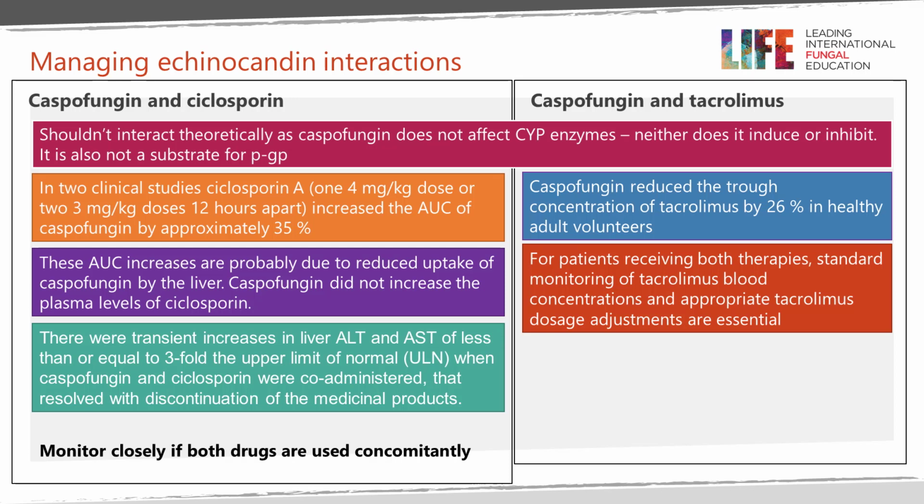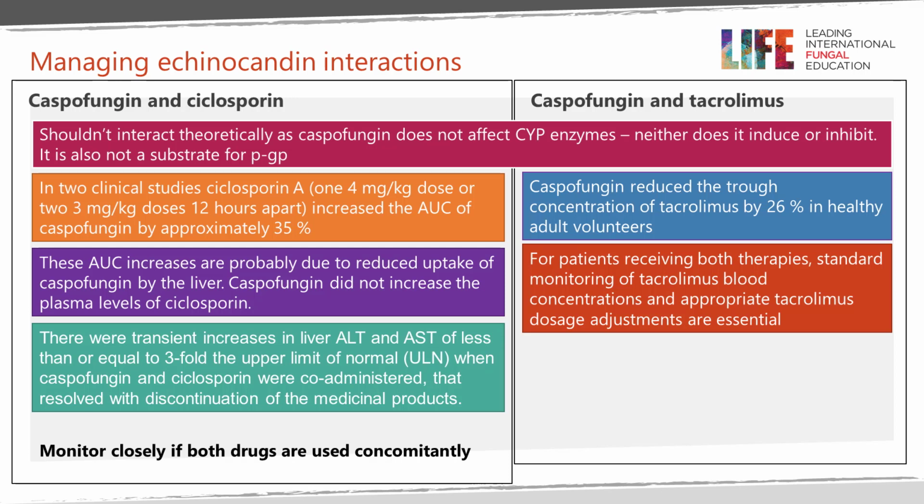And again, it isn't a substrate for P glycoprotein either. But what we've seen in clinical studies is cyclosporine increased the area under the curve of caspofungin by around 35%. Now, these increases are probably due to the reduced uptake of caspofungin by the liver.